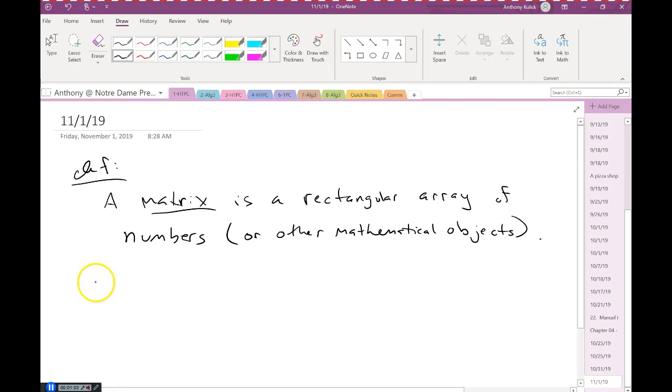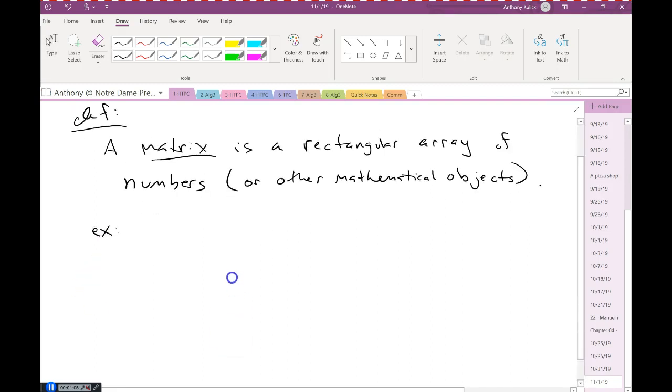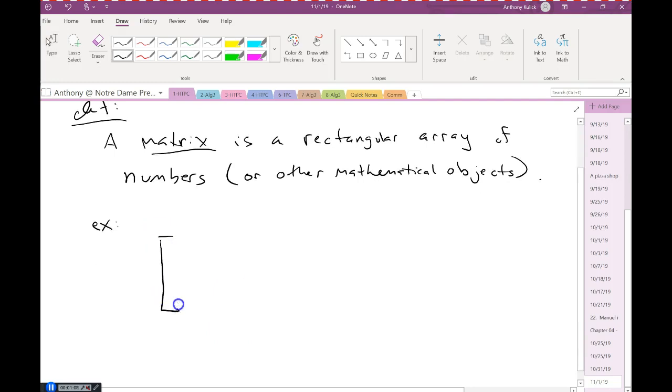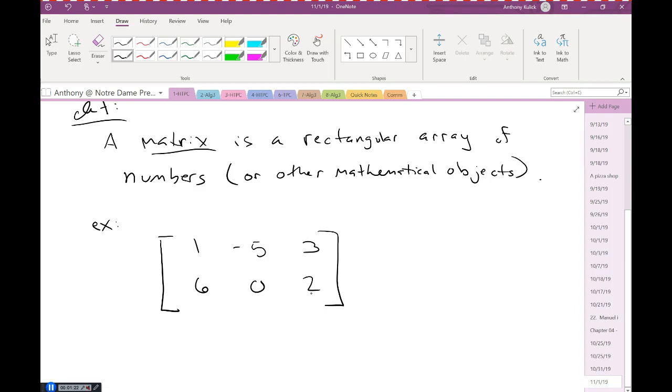So what does a matrix then look like on our sheet of paper? We'd use these square brackets. And then a matrix would just have some numbers inside of it. When I look at this matrix, how many rows do we see?